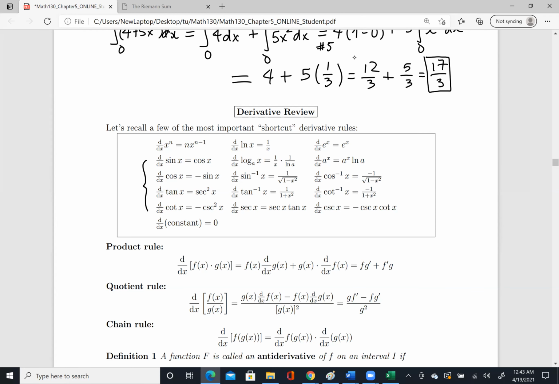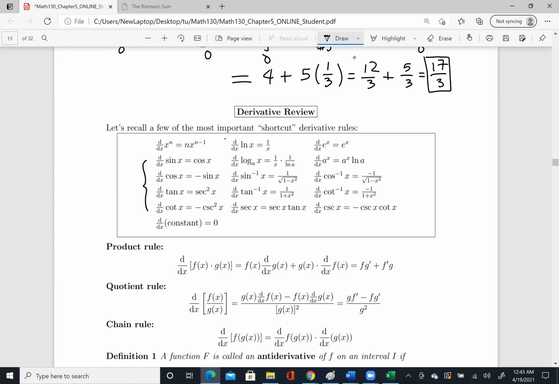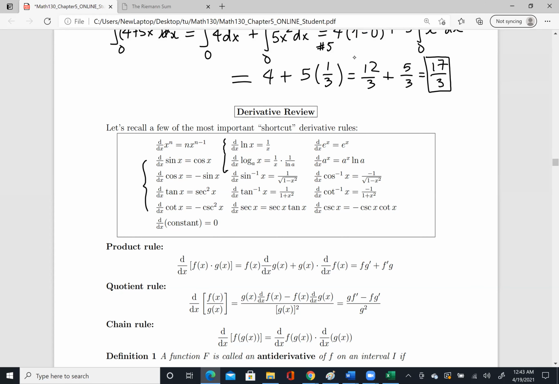Some trigonometric derivatives over here. And the derivative of the natural log is here, right? Or log. And then the derivative of inverse sine and inverse tangent.